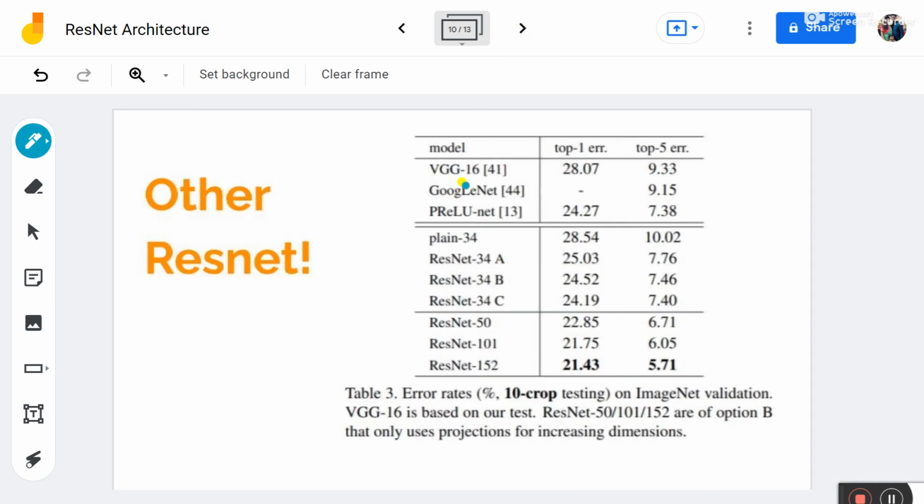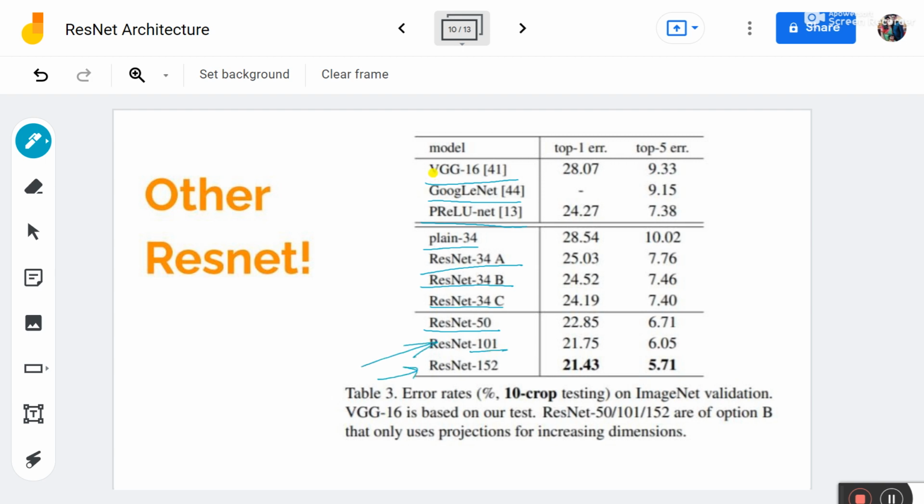All right, so these are other ResNet, like what are the other models there, like VGG16 is in the existing, GoogleNet is there, which is having 44 layers. So PReLU net is there, plain 34, ResNet 34A, 34B, 34C, and ResNet 50, and there is ResNet 101 also.